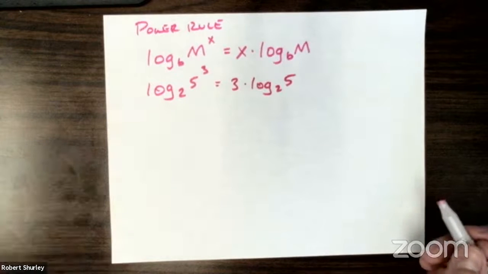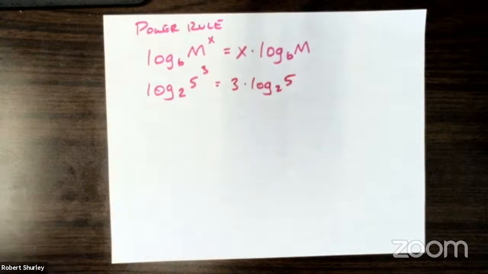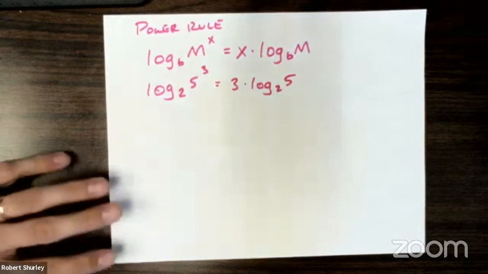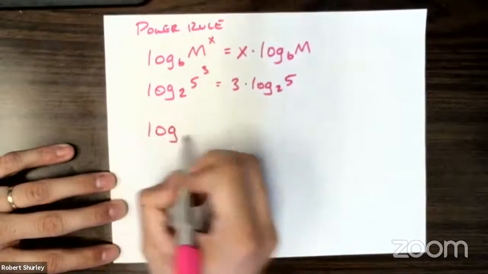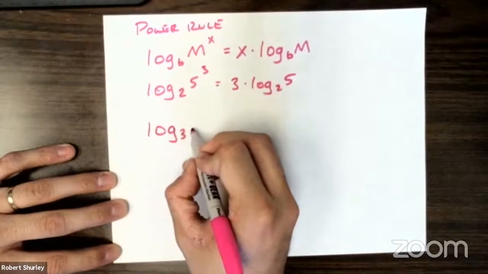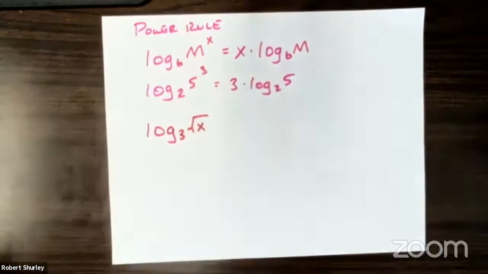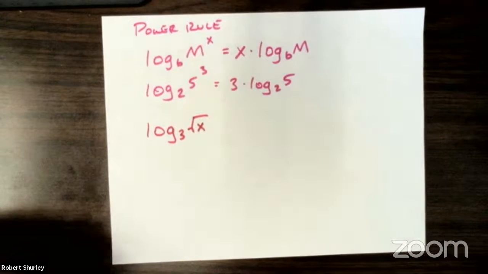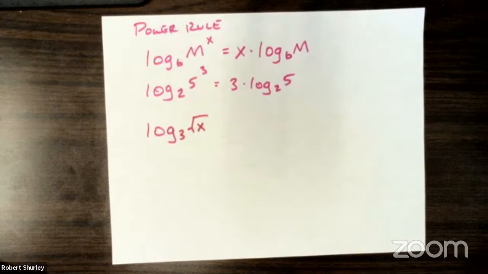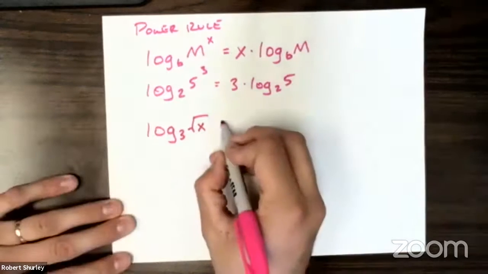And I'm going to throw some out here. This kind of reviews a little bit from Tuesday's material. So if we had log base 3 of the square root of x, if we're expanding these completely, we're not going to leave a square root in there.